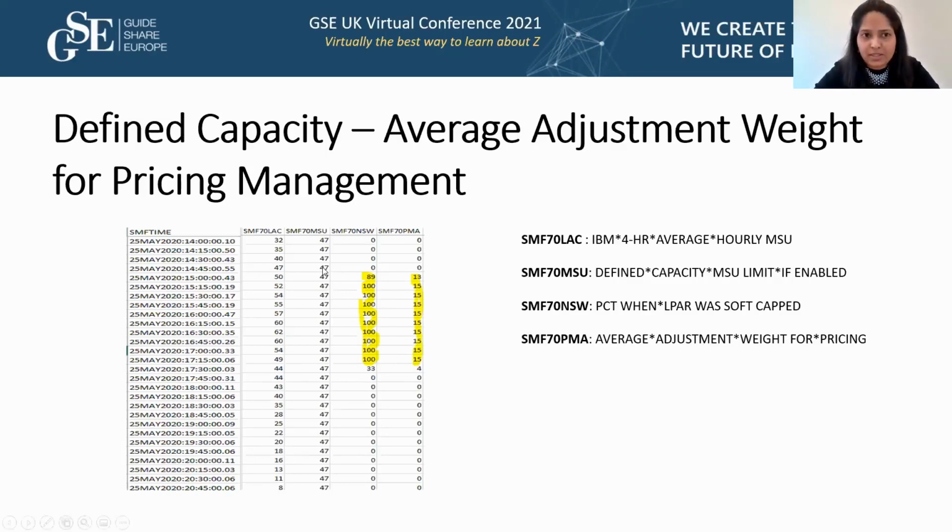This customer asked me a very direct question, like, we have defined 47 as the defined capacity for this LPAR, but the 4 hours rolling average MSU usage is more than the limit. 47 is the limit, but you can notice here 47, 50, 52, 54. It is using more than the limit.